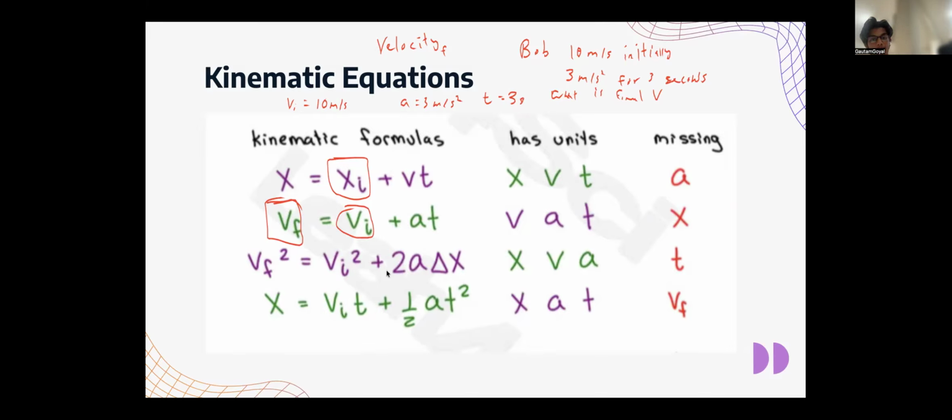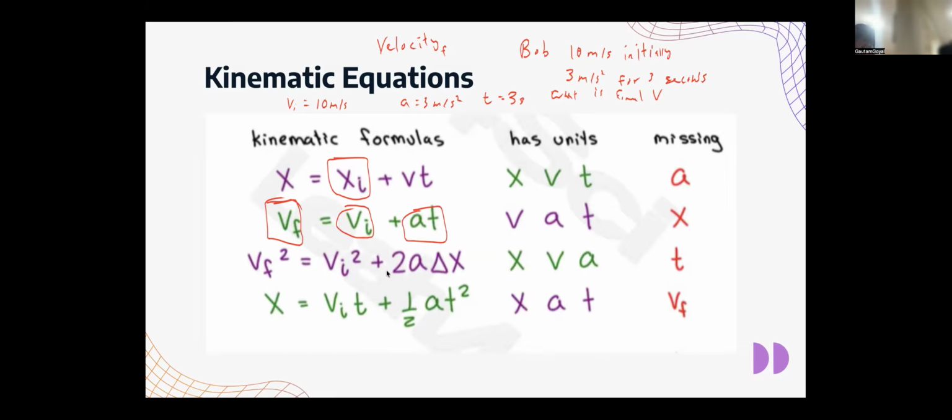If you think about this logically, if a car is constantly accelerating at 3 meters per second squared for 3 seconds, if you just do 3 times 3, you know that the car is going 9 meters per second at the third second. That makes sense, right? That is basically this. And then when you add that to your initial velocity, that's when you get your final velocity.